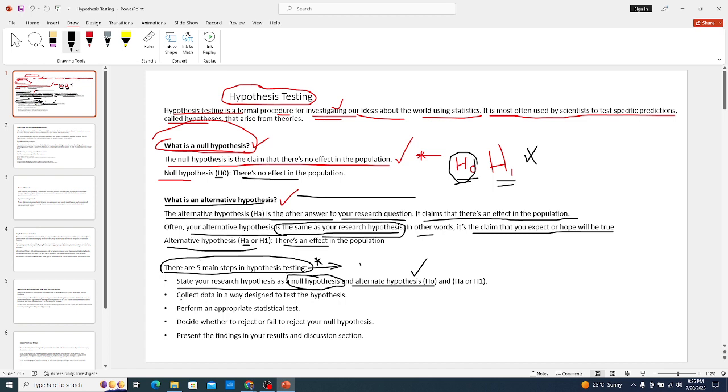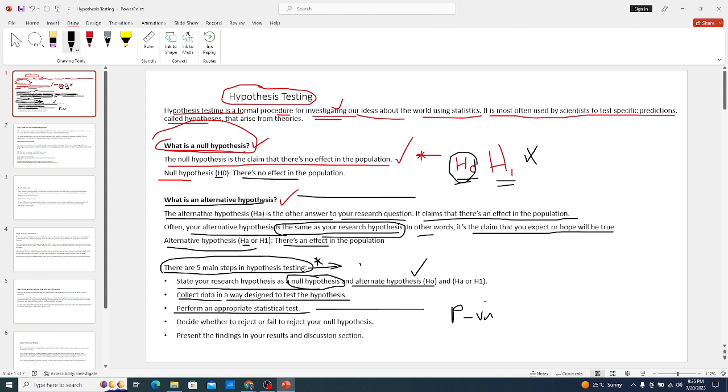Then after that, you collect data in a way designed to test the hypothesis. Then you can perform an appropriate statistical test, either maybe finding the p-value.